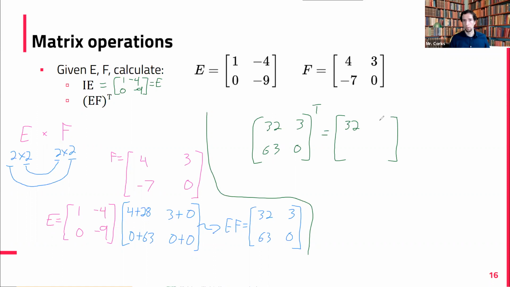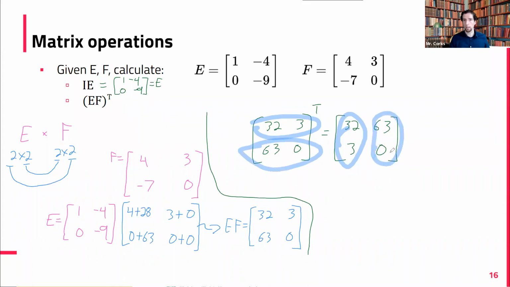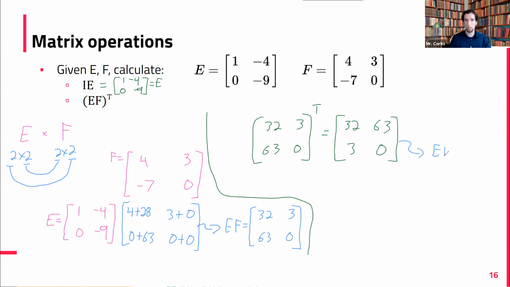Okay, 3 and 0. 32, 63, 3, 0. Remember, for transposing, we just take the first row and rewrite it as the first column, and take the second row and rewrite it as the second column. And that's it. Okay, so there are our results. This thing here then is EF transpose. Done.